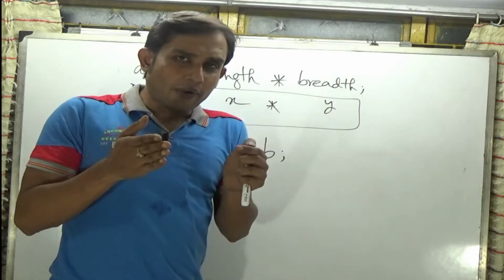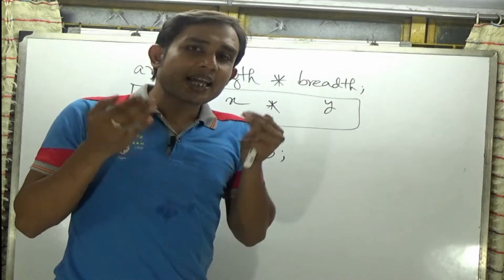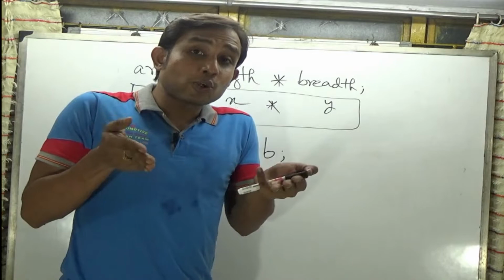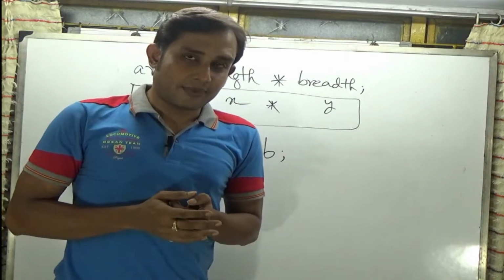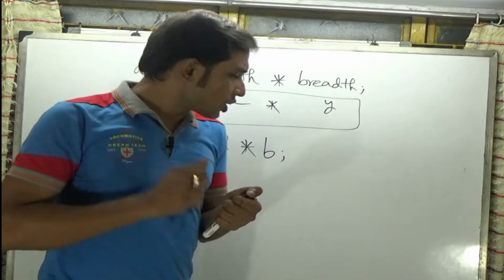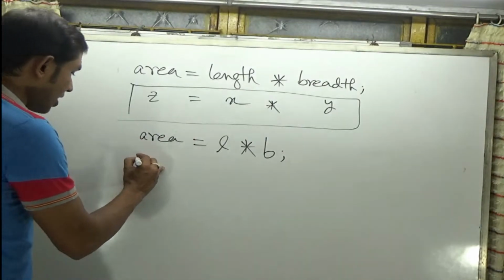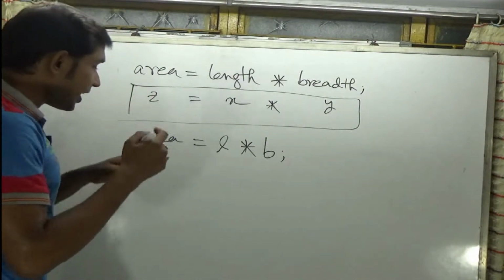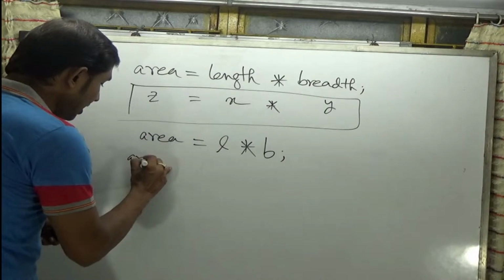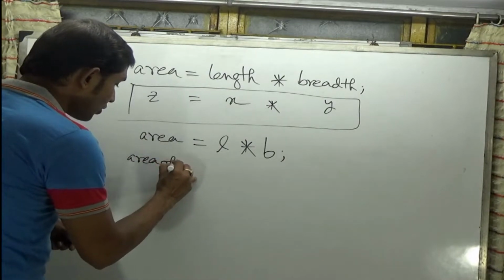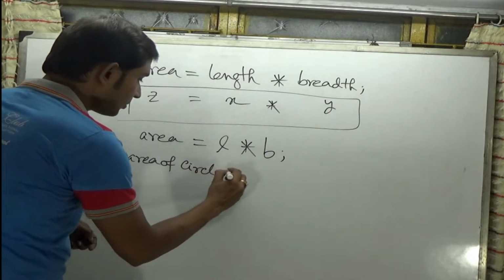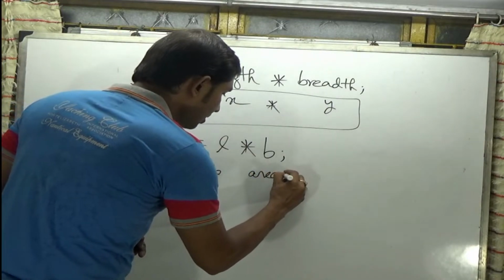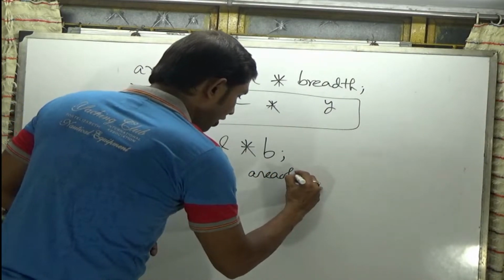Suppose in a program we are going to calculate the area of a rectangle as well as the area of a circle. This time I declare the variables where the calculated area is stored: area of circle and area of rectangle.